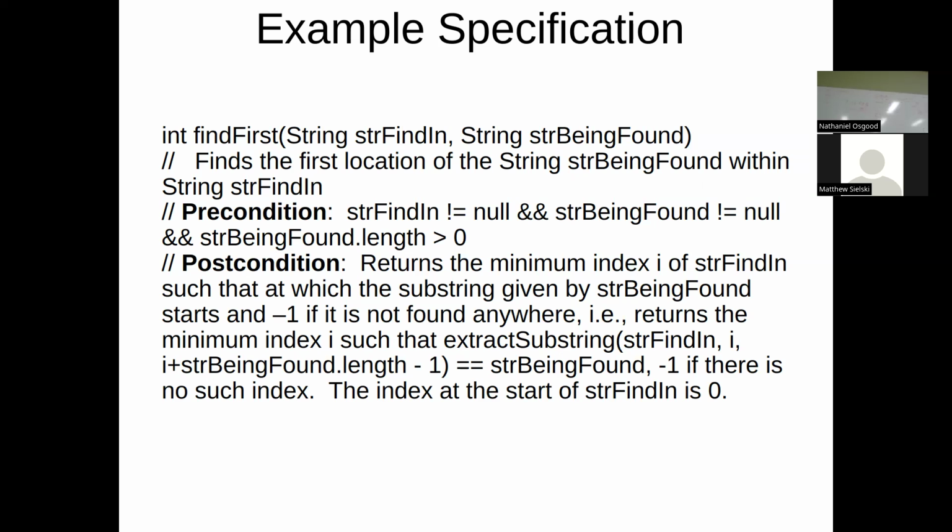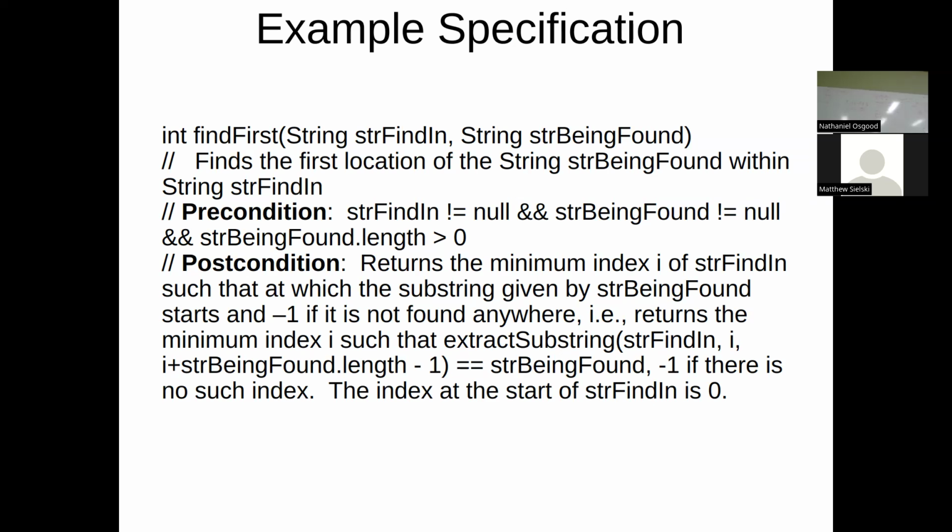And -1 if it's not found anywhere. Notice we refer to another method, extract substring. So we're finding the minimum index i such that extract substring on that index will yield the string being found, and otherwise -1 if there is no such index.